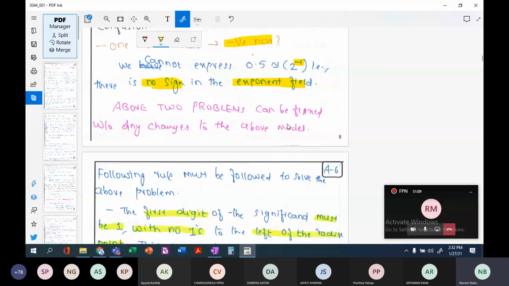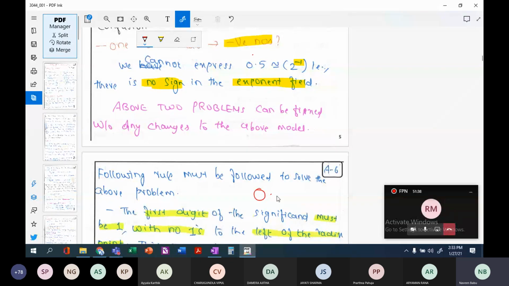So the above two problems can be fixed without much change to this particular model. All we need to do is change the rules. Previously I created a rule such that my number will always be represented as 0 point something.